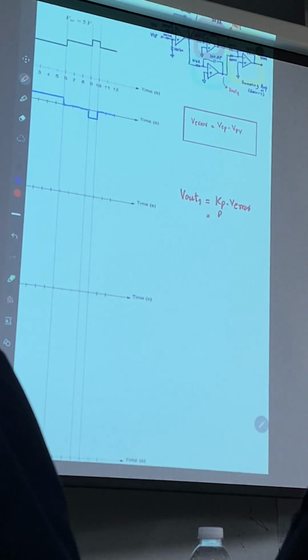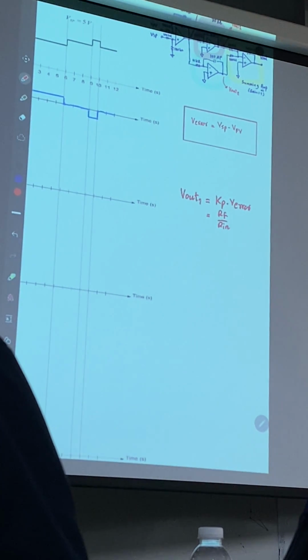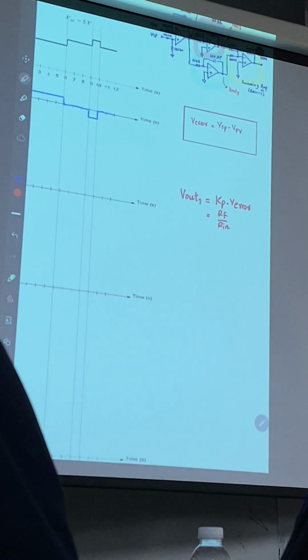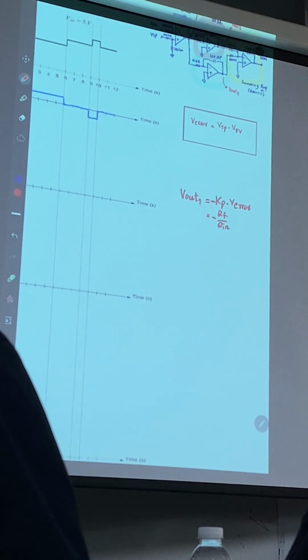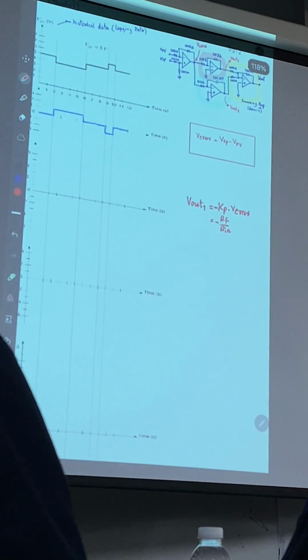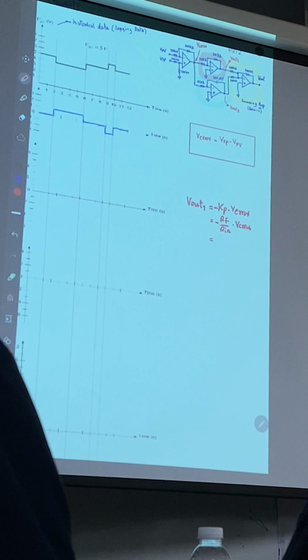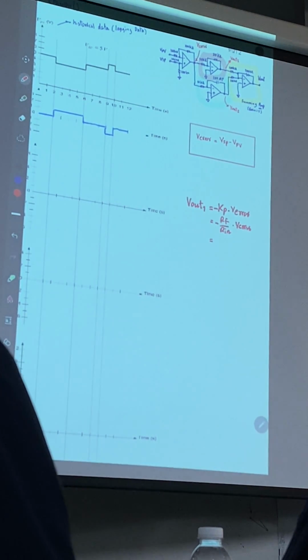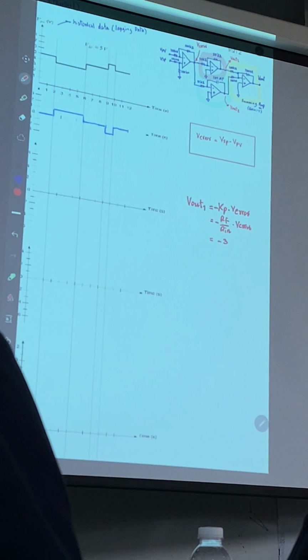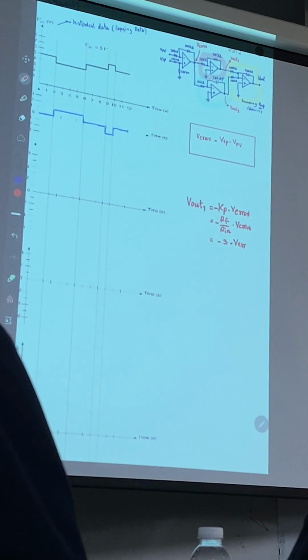KP is the gain, equal to RF divided by RIn, but it is negative because it is an inverting amplifier. Then you will get minus 30k ohm over 10k ohm, so you have minus 3 multiplied with V error.